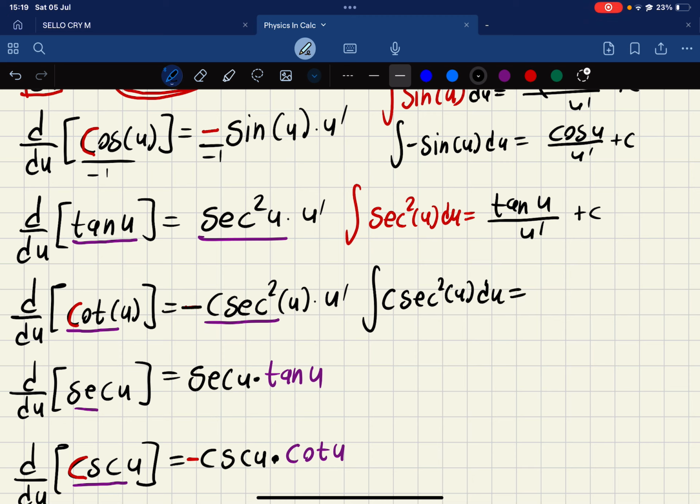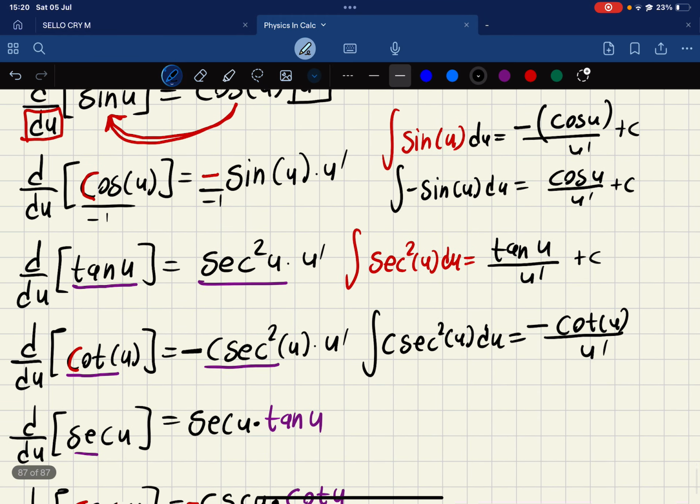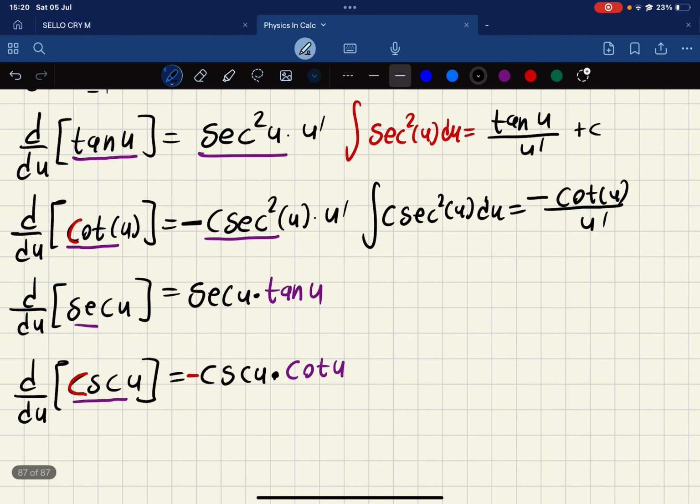Remember, it was a negative, meaning here we're going to have negative cot u over u prime. Do you understand? I think now it's gettable, right? So let's go to the integral of sec u. I forgot to say u prime here.